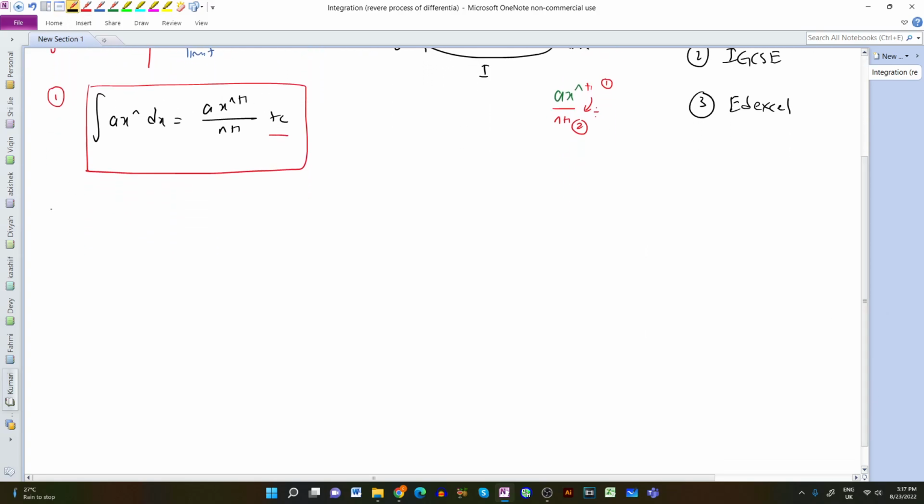Exercise one here. For integration, you can take out the number, and the variable stays inside.